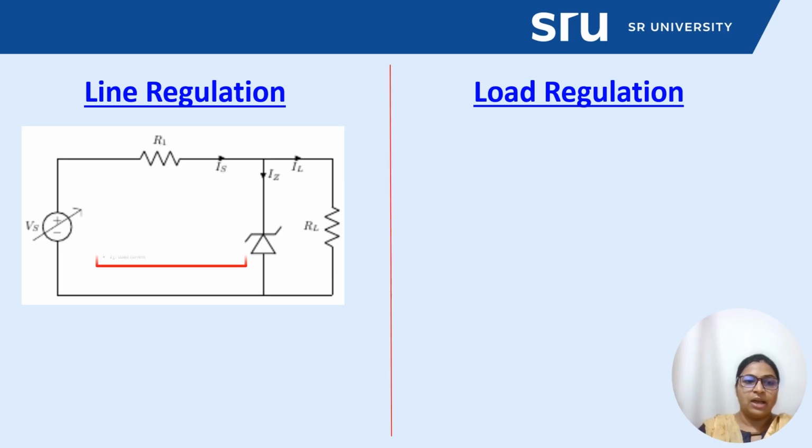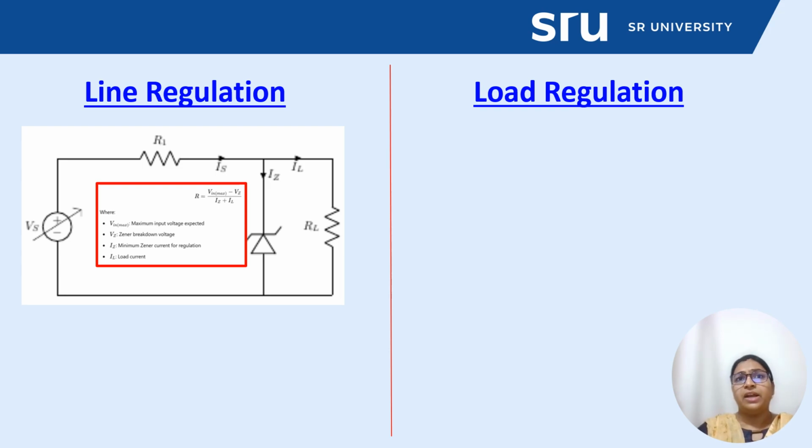So in line regulation, it refers to the ability of the voltage regulator, in the case of a Zener diode, to maintain a constant output voltage even when the input supply voltage changes.